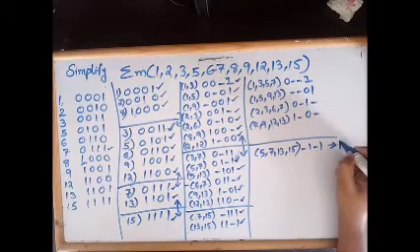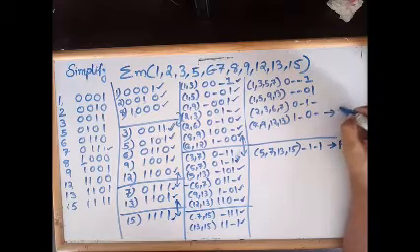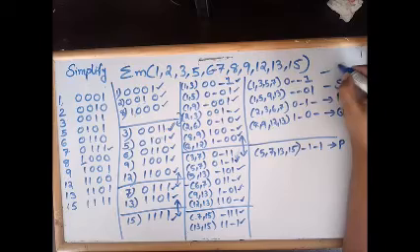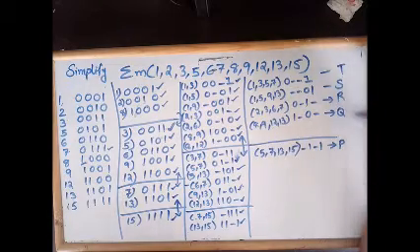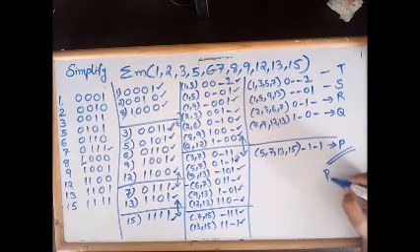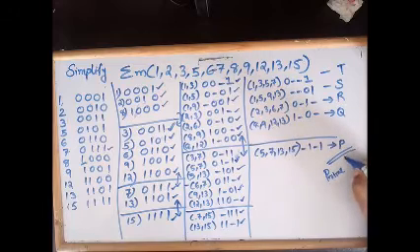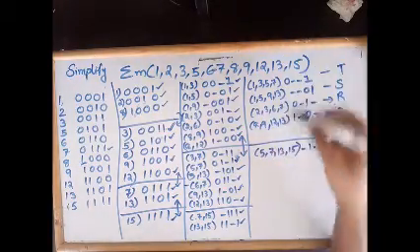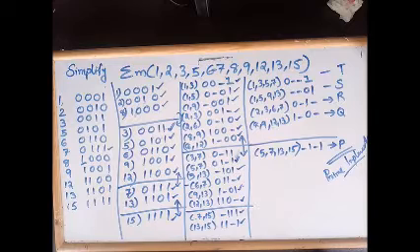I am calling these P, Q, R, S and T. So these will be your prime implicants. From these expressions we will identify the essential prime implicants and write the expression for it.